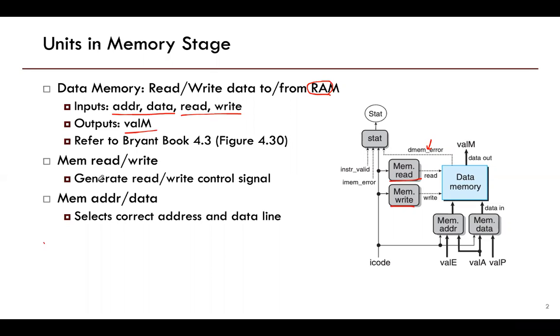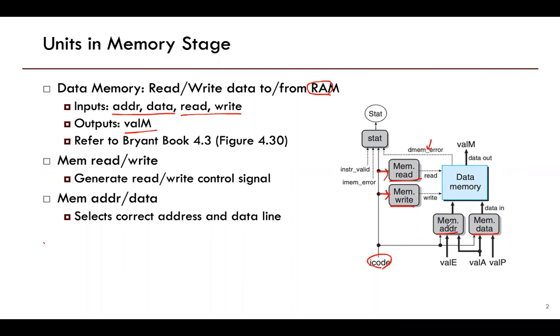Each module generates a read or write control signal based on the instruction code, icode. It goes to the RAM as mem read and mem write. And for the data address, the mem address and mem data modules select the correct address line and data line.